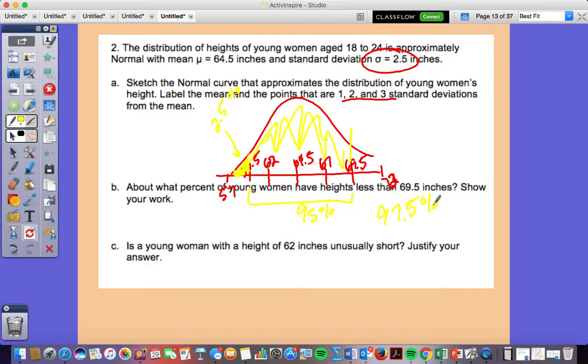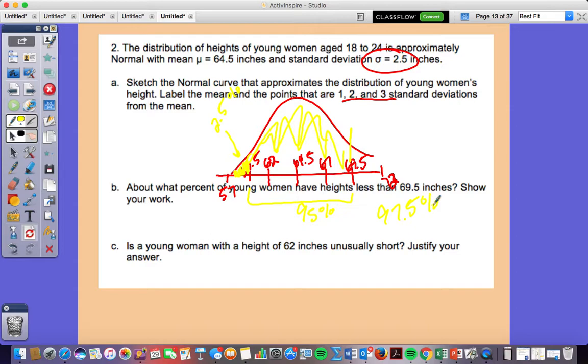Could someone tweak that a little bit to just make sure that we're right with what we just said? In terms of percentile, what percentile is 69.5, and give it to me in context? Claudia? When looking at a graph of young women's heights, 69.5 is in the 97.5th percentile.